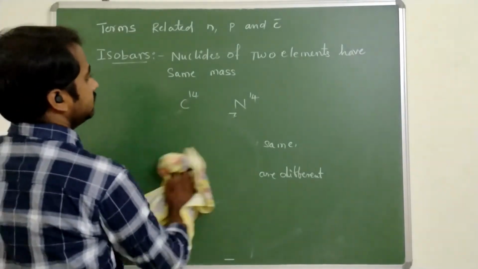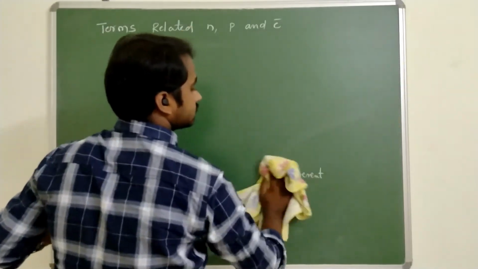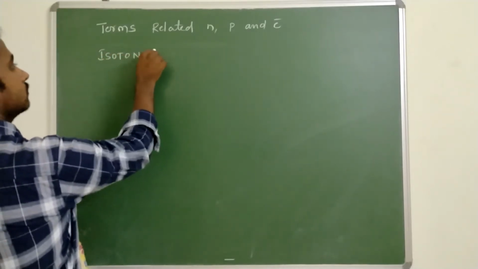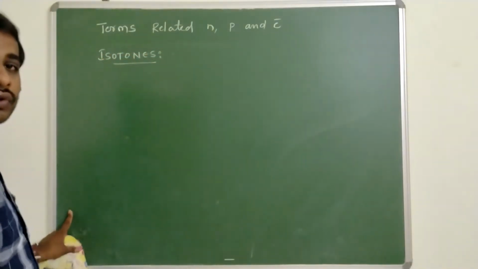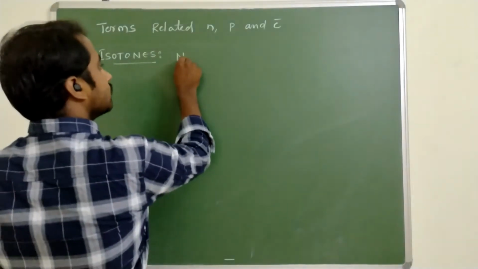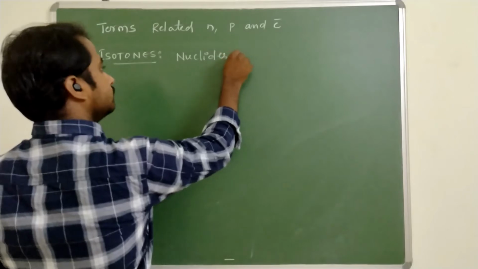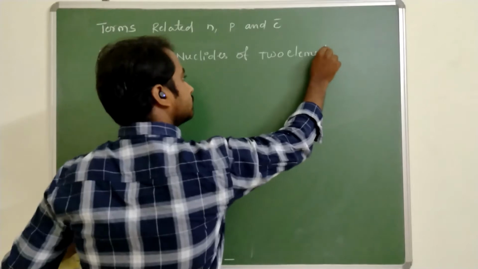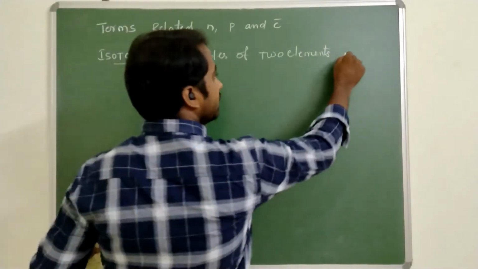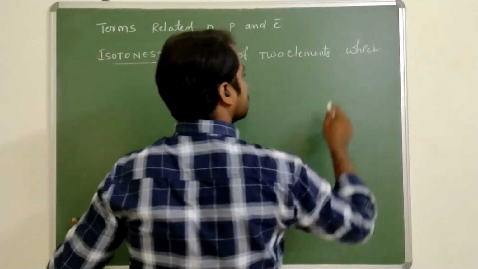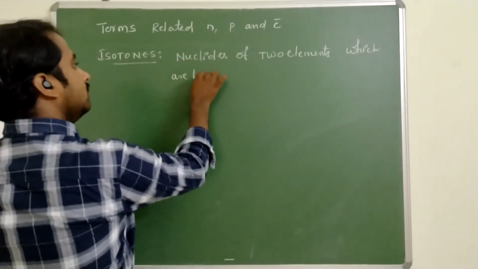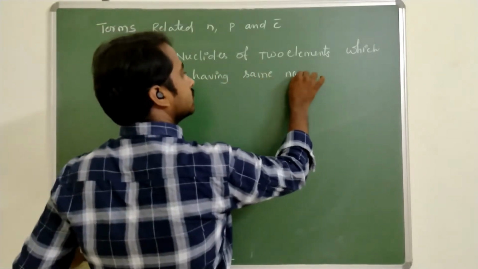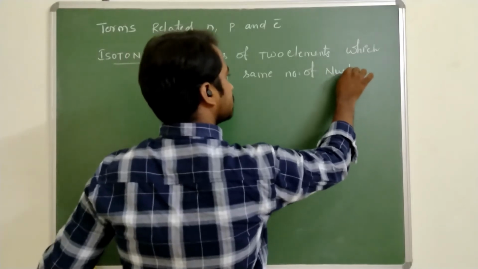The next term, isotones. Isotones are the nuclides of two different elements which have the same number of neutrons.